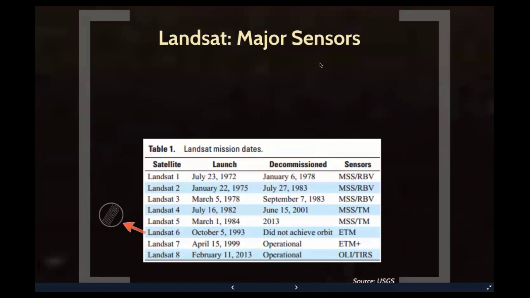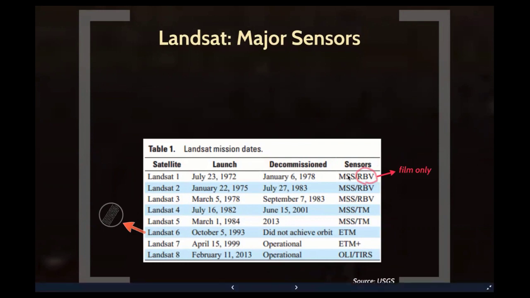And also in general, take a look at the major sensors. Here I do want to point out the RBV. RBV is film only. They collect film-only data, not electronic. So we're going to ignore RBV for our discussion today because we focus on digital image analysis, electronic data.